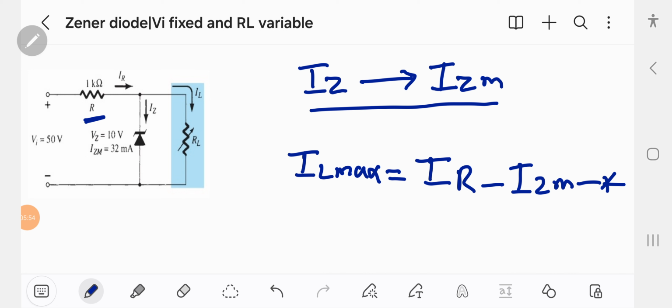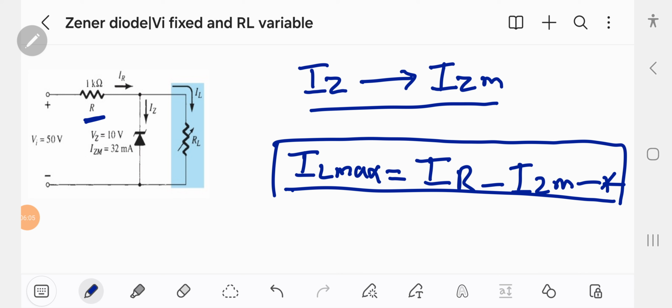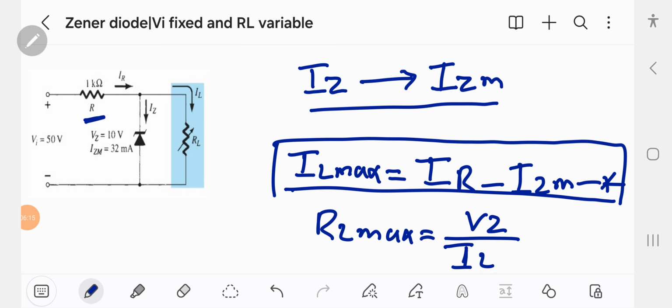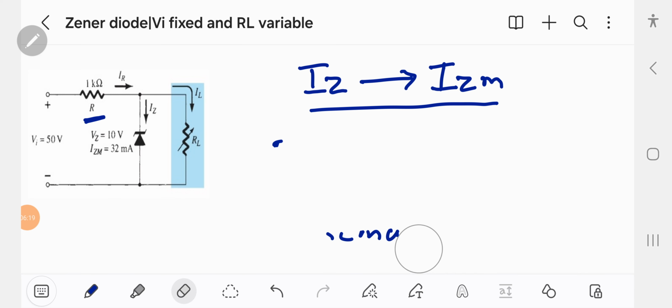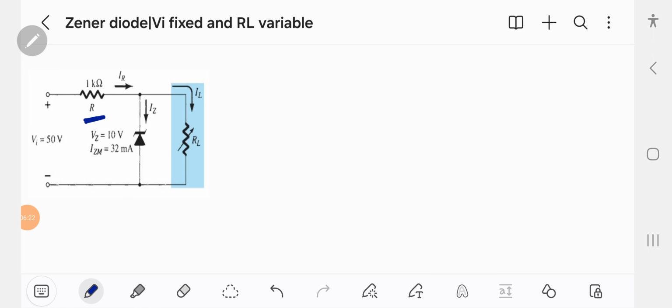So for IZM, IL is considered to be maximum. Now when IL is minimum, RL maximum will be equal to VZ divided by IZ maximum. So these are the equations which can be used in this circuit.